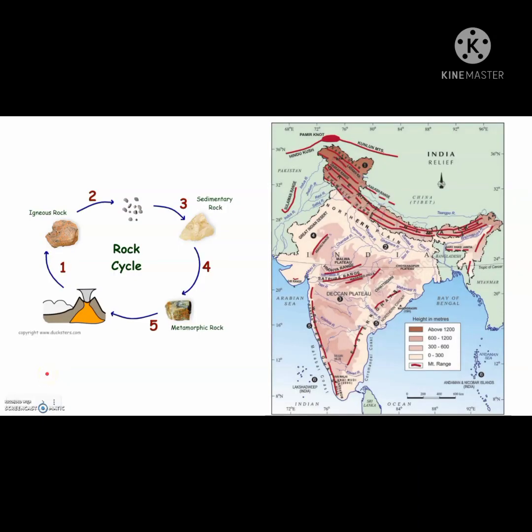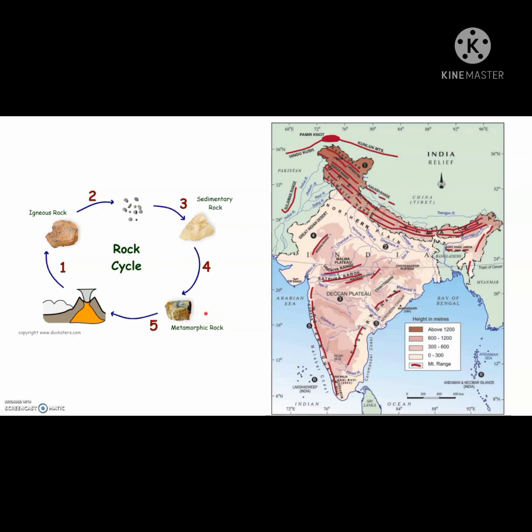Look at the formation of the Peninsular Plateau. The Peninsular Plateau has old crystalline rocks, igneous rocks and metamorphic rocks as primary rocks. Sedimentary rocks are secondary rocks. The igneous and metamorphic rocks present here are very strong and stable.